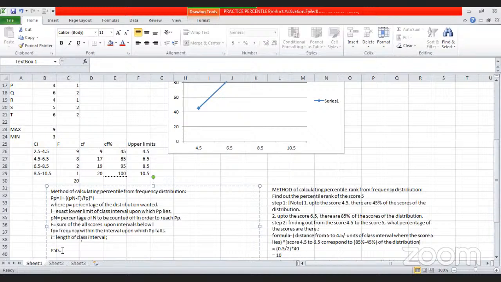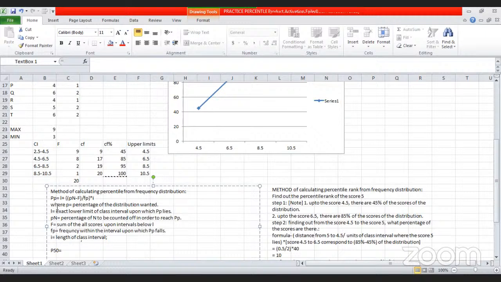If there is P65, that means we need the score below which 65% of the scores are there. Okay. Yes, ma'am.